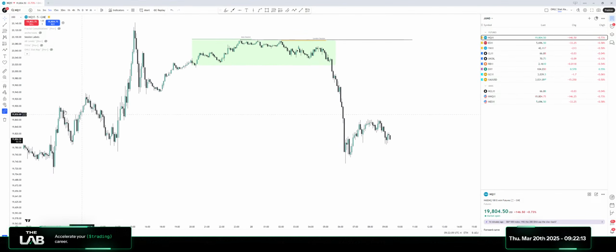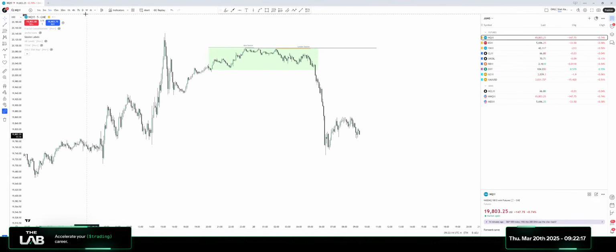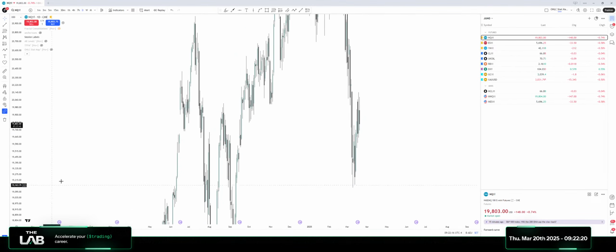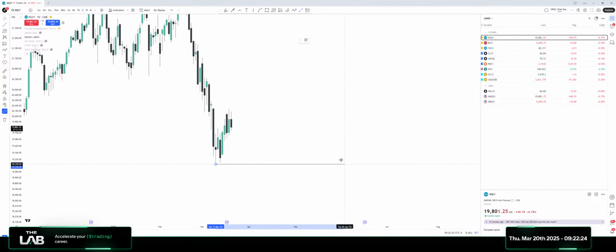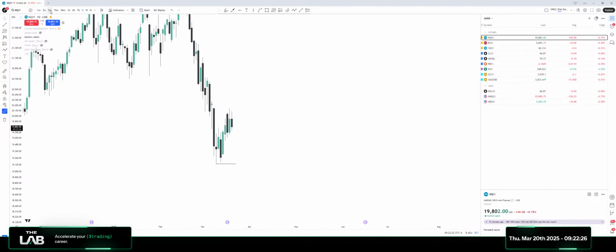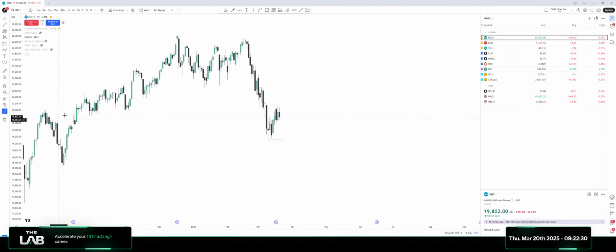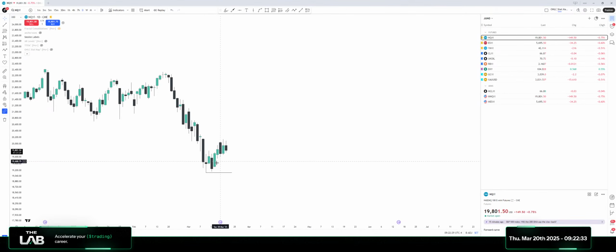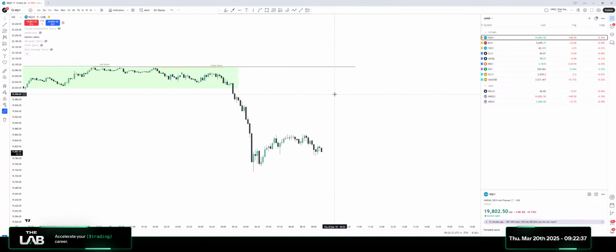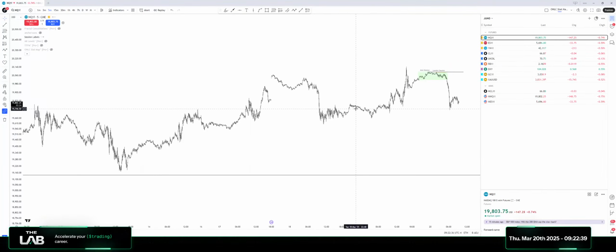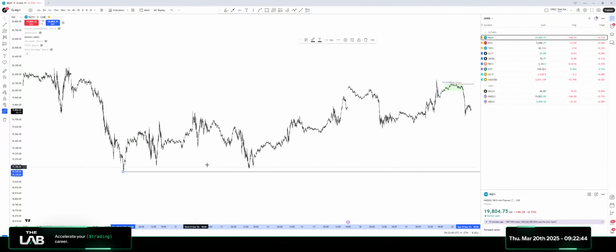But on the other side of my idea, I was leaning into shorts for the whole week, but yeah, we still kind of consolidate, grinding up here. And if I'm going to be honest, I think my bias is neutral right now.